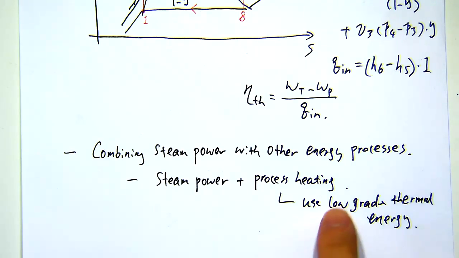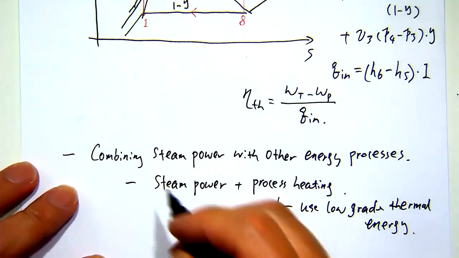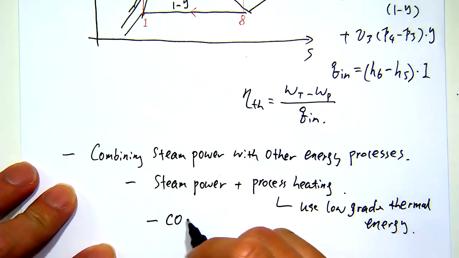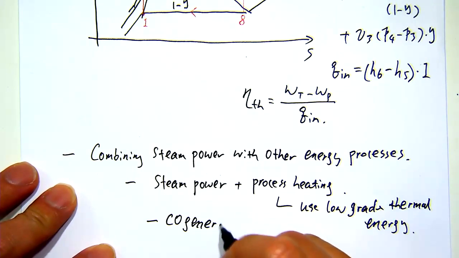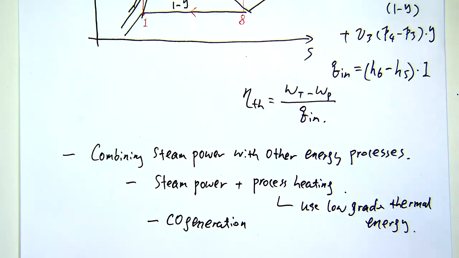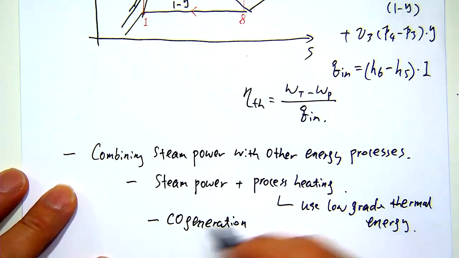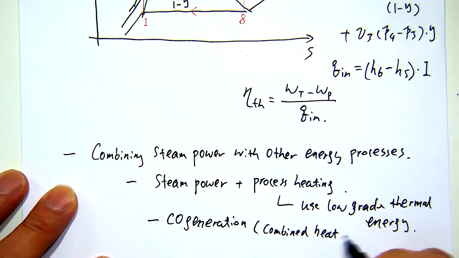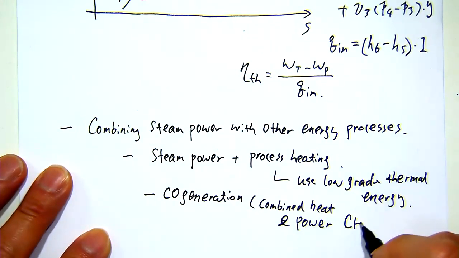So you can use partially expanded steam to achieve that process. And this has actually been commonly used, if you have heard of the name cogeneration, or cogen for short. Cogeneration, you serve two purposes by one system, or more commonly called combined heat and power, or CHP.